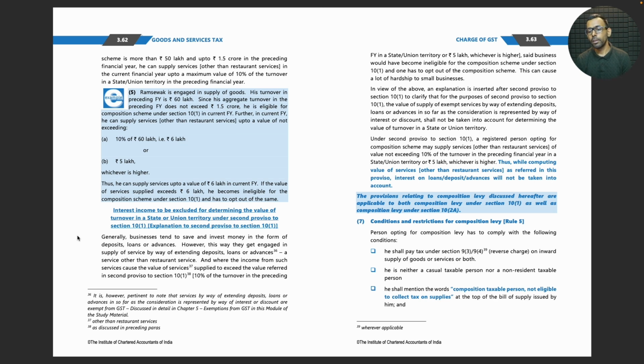Thus, while computing value of services as referred in this proviso, interest on loans or deposits will not be taken into account.